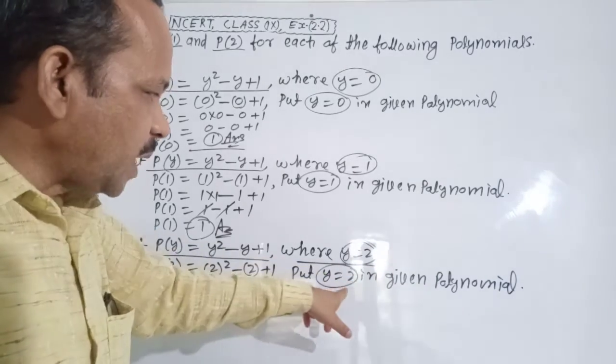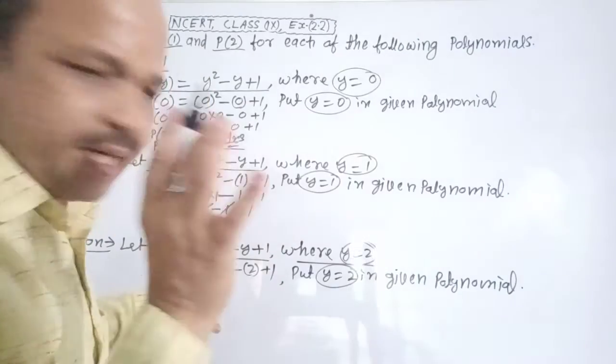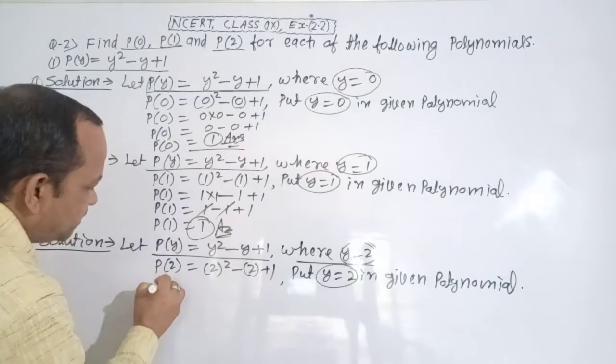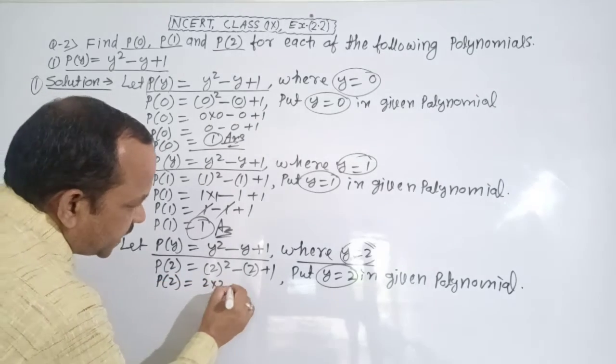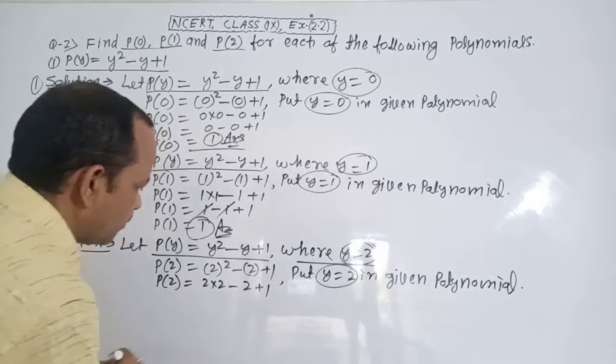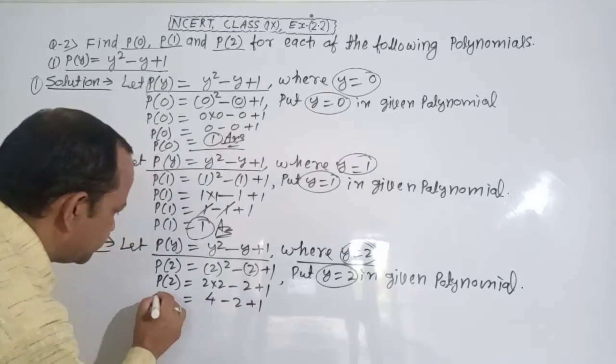You put y equal to 2 in the given polynomial. Clear? It becomes 2 multiply 2 minus 2 plus 1 equal to 4 minus 2 plus 1.